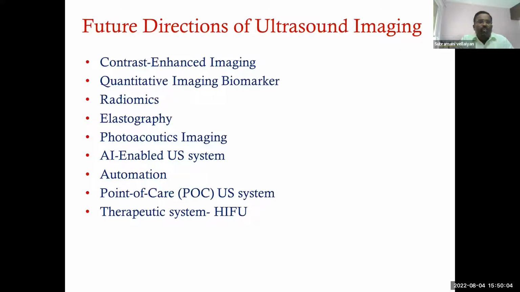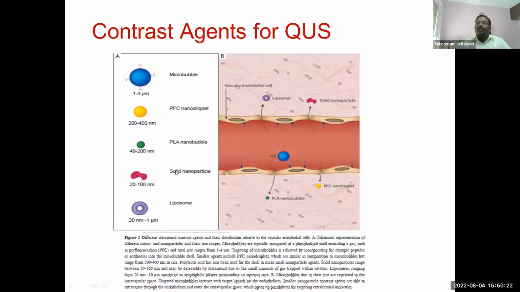And not only that, diagnostic and therapeutic systems, like high intensity focused ultrasound, are also becoming very appealing for the future. And obviously automation is going to give the most versatile elimination of interoperator variability.